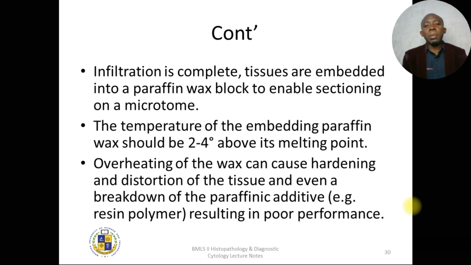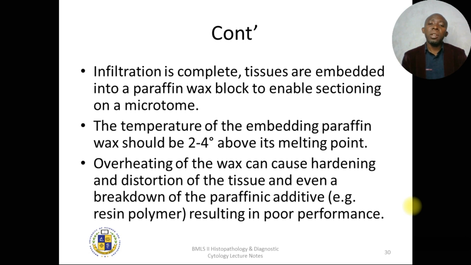So the temperature of the embedding paraffin wax should be at least 2 to 4 degrees above its melting point, because this is going to enable us to position, because when we embed we are going to lay or orient our tissue in the mold at a specific plane, in a specific order, depending on the type of the tissue and depending on what we are interested in and what we need to expose on a microtome when we are making these sections.